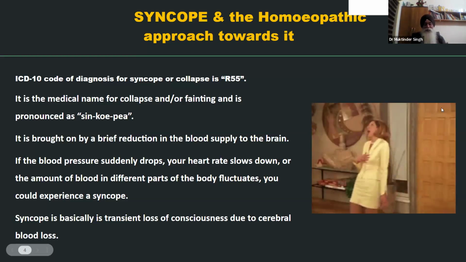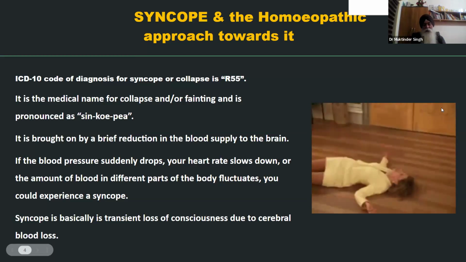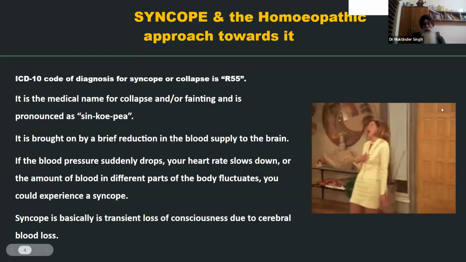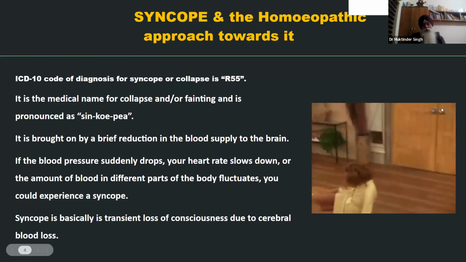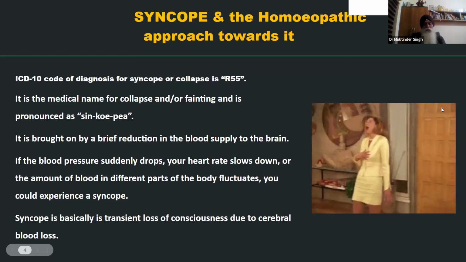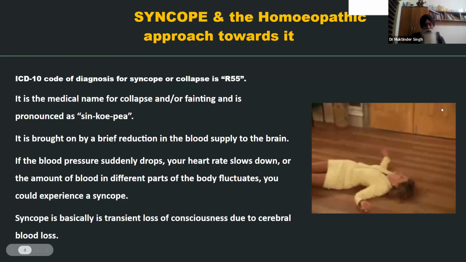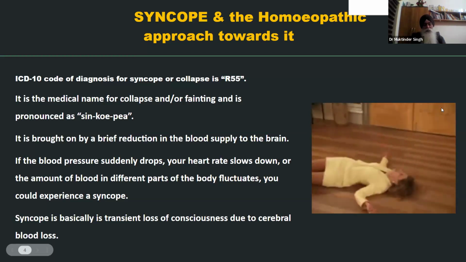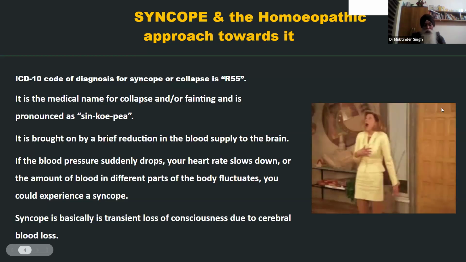In our language, we can call it fainting or syncope or dizziness, but there are certain specifications for the diagnostic criteria. When you write R55, then this is a billable problem. If you present a case, you should know what you are dealing with. It is medical language; it is neither called syncope, nor collapse, nor vertigo. It is called R55.